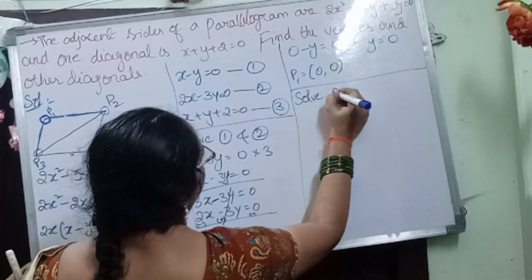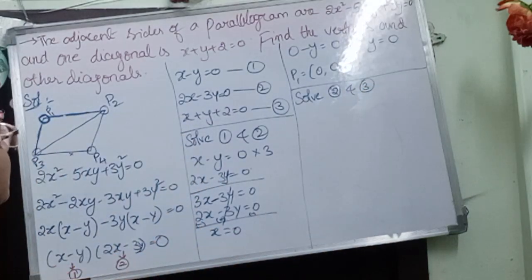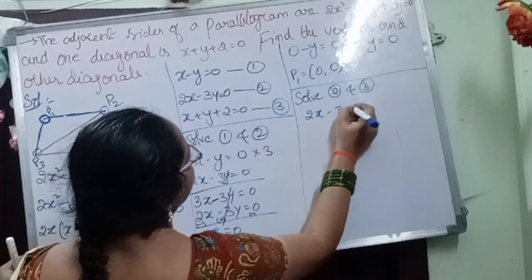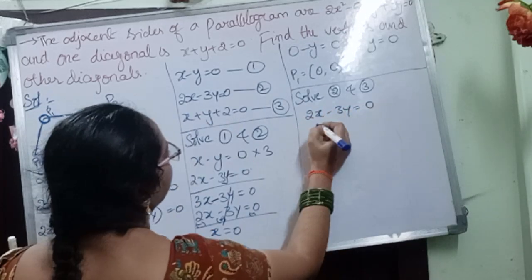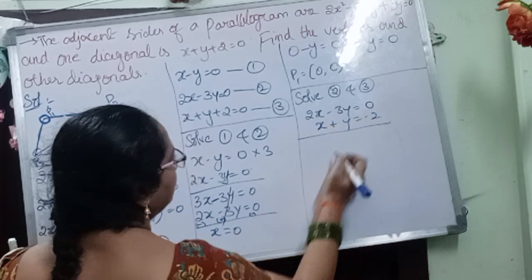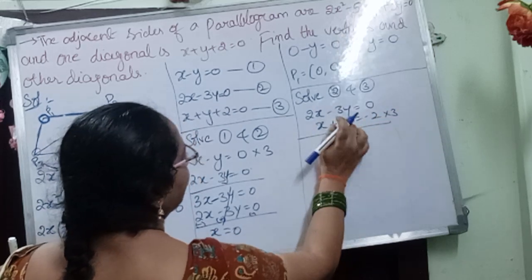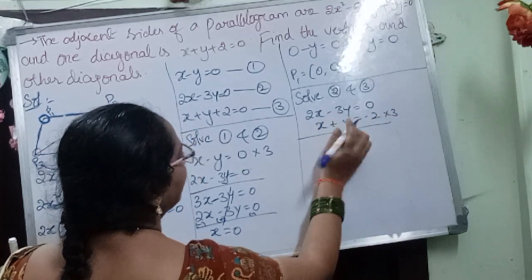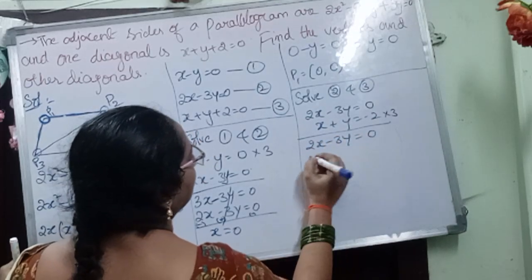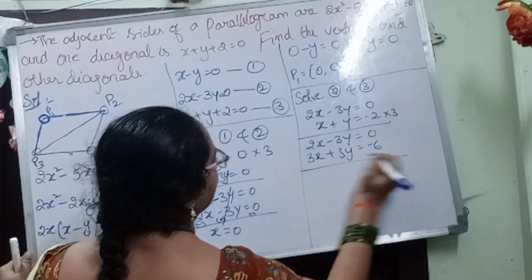Now solve equations 2 and 3. 2x - 3y = 0, and the other you can write as x + y = -2. Now multiply the second equation by 3: 3x + 3y = -6.